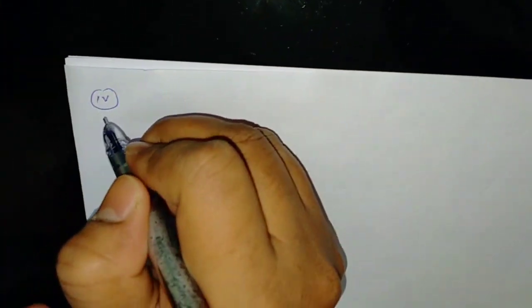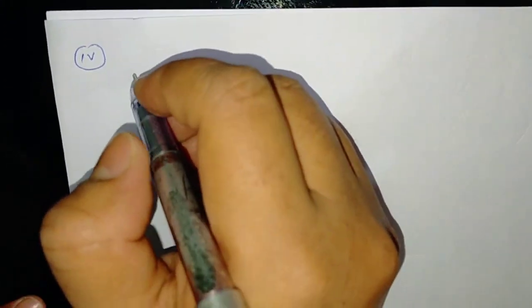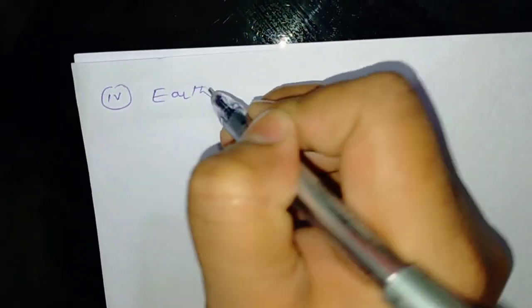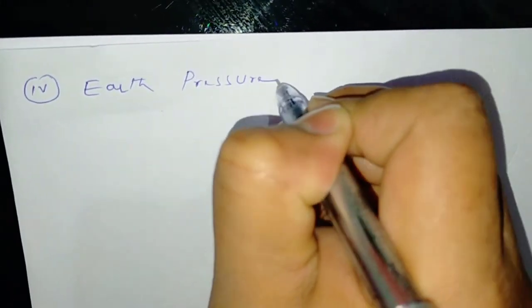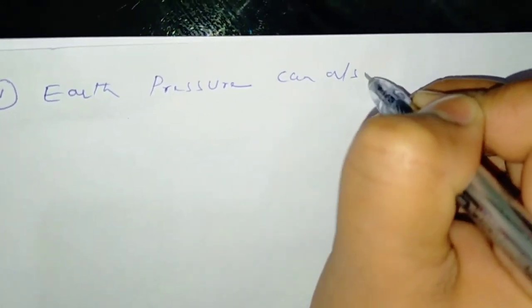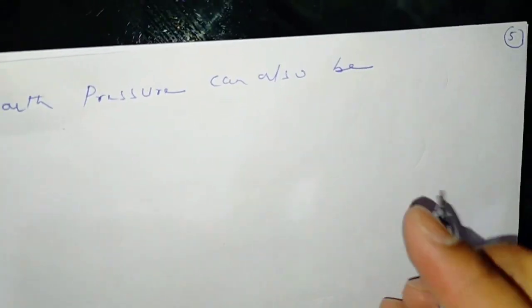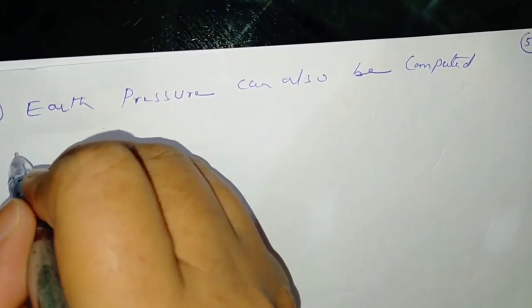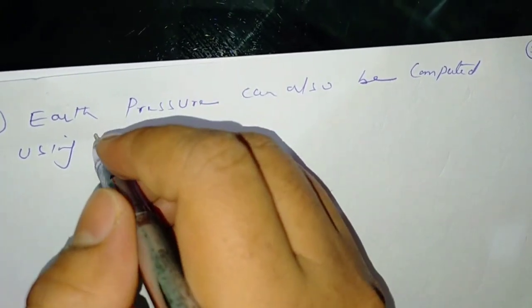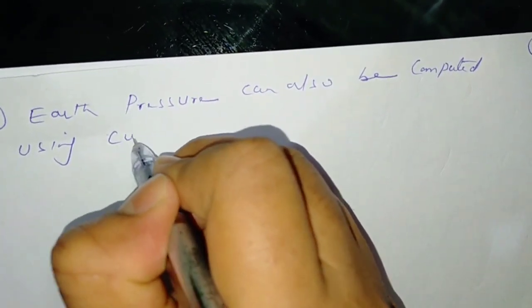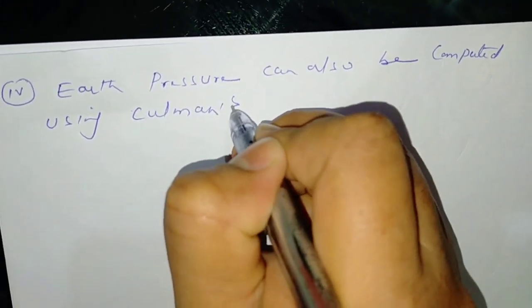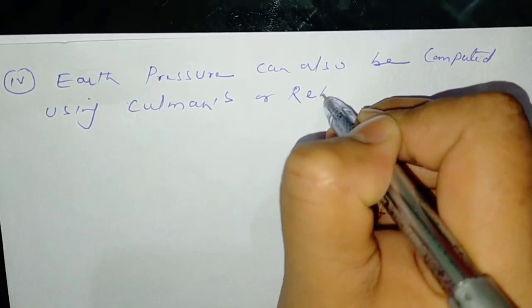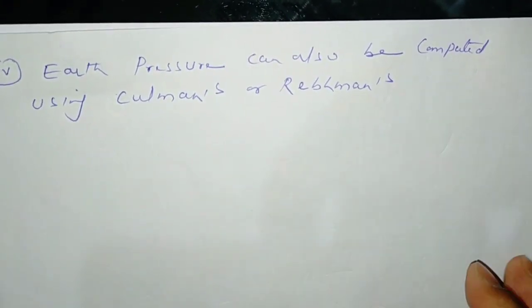And the fourth one, earth pressure can also be computed using Culmann's or Rebhann's method.